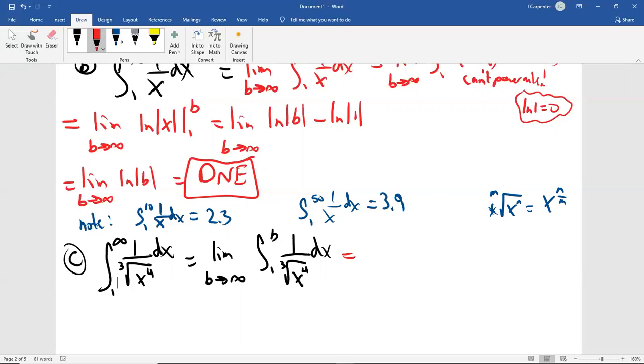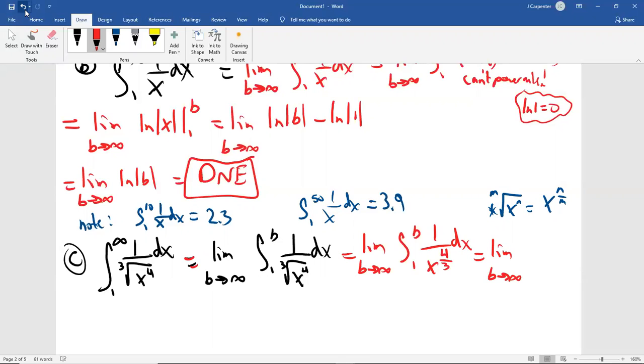I forgot to switch to red there. Limit b goes to infinity, integral 1 to b of 1 over x to the 4/3. I think I said 3/4 the first time, and I meant to say 4/3. The numerator is the power, the denominator is the index, x to the 4/3 dx, which is the limit as b goes to infinity.